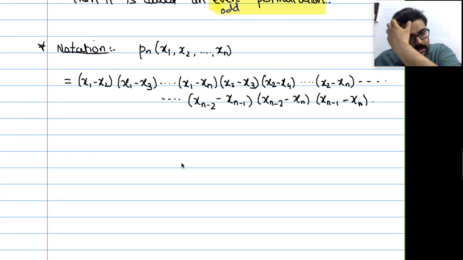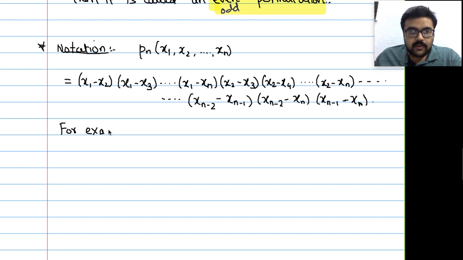In n variables. So for example, let us take a particular case. For example, take P4. What is P4? P4 is a polynomial in 4 variables, x1, x2, x3, x4. Let us write this.